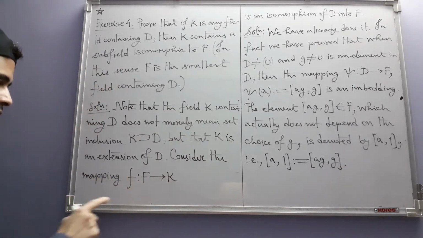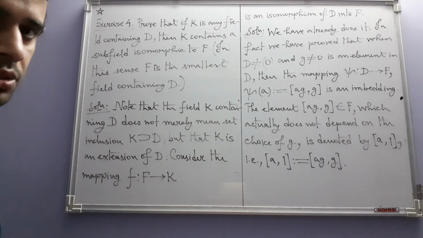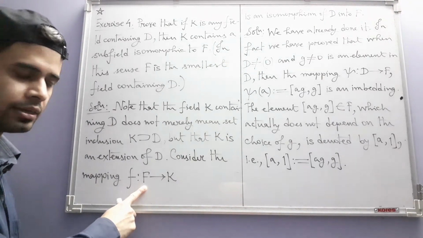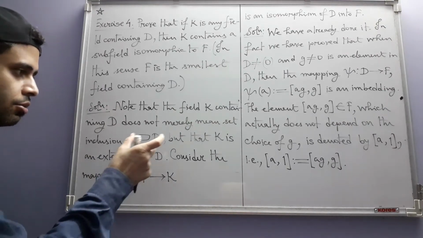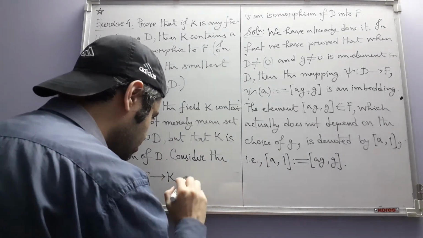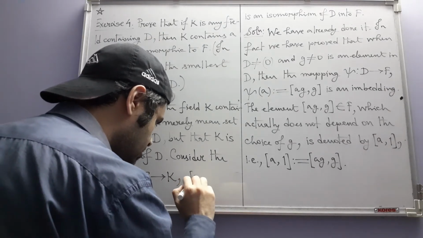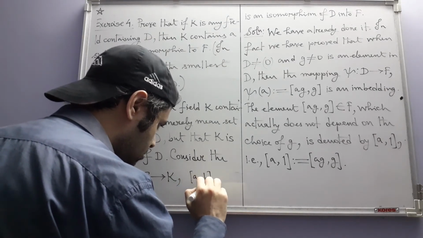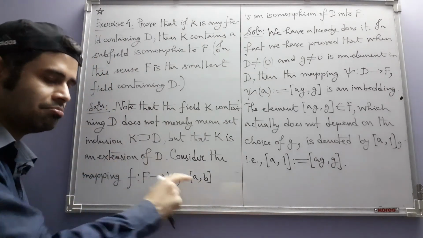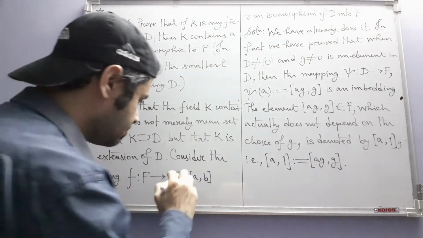Note that F is our familiar field of quotients, so we know exactly what the elements in F look like. They are these equivalence classes. One such equivalence class will look like this, where a and b are elements of the integral domain and b is non-zero.